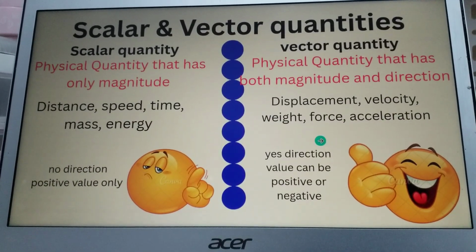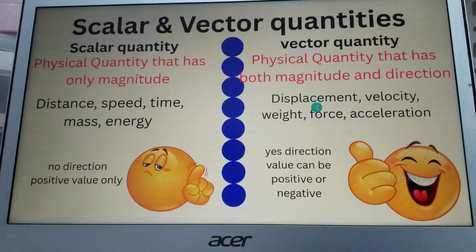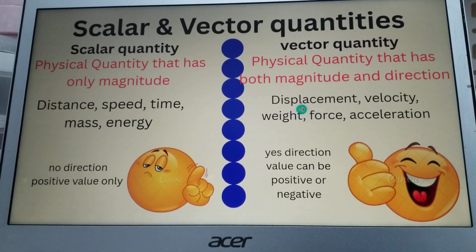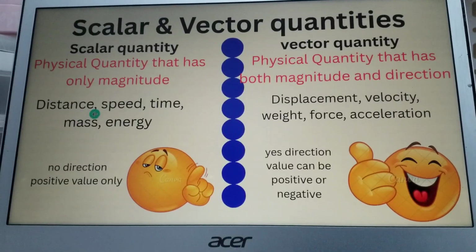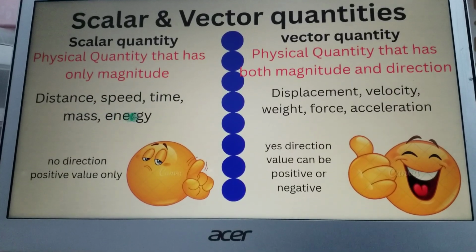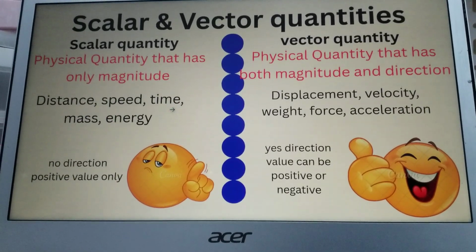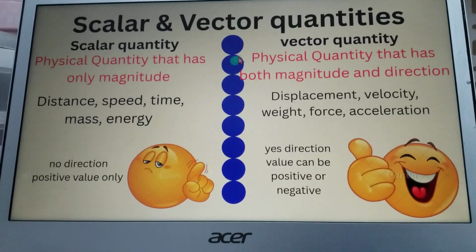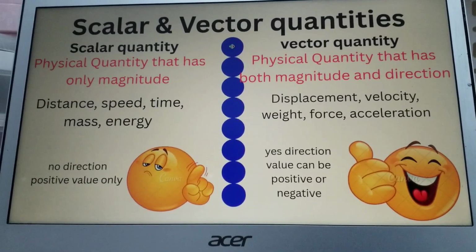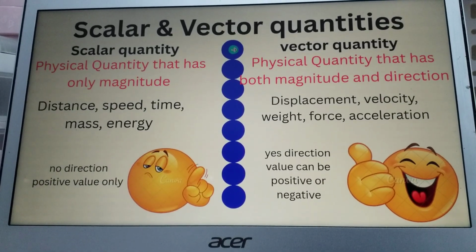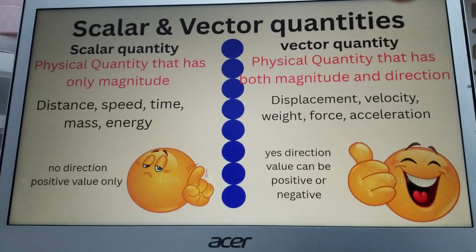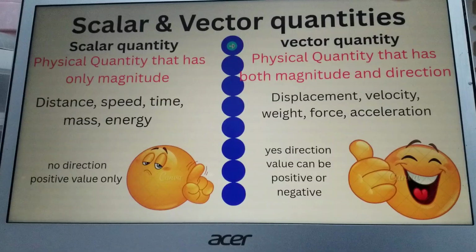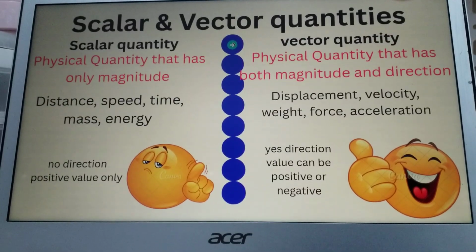Let's say, for example, displacement. Displacement is like distance, but distance has no direction. Alright, let's use these circle things. Look at my cursor. This little blue ball wants to move.